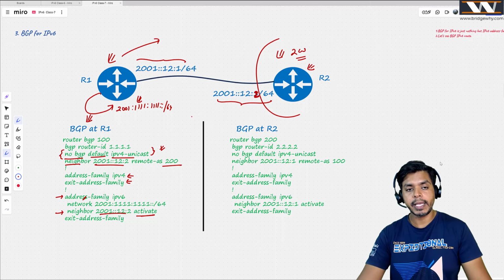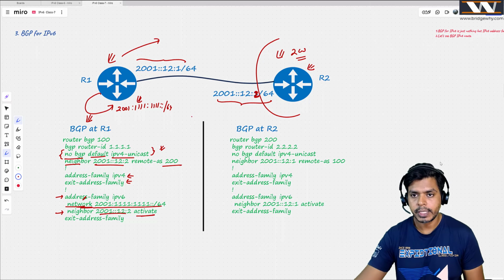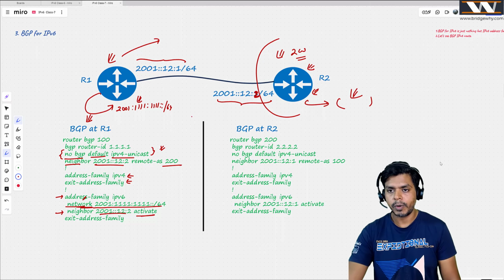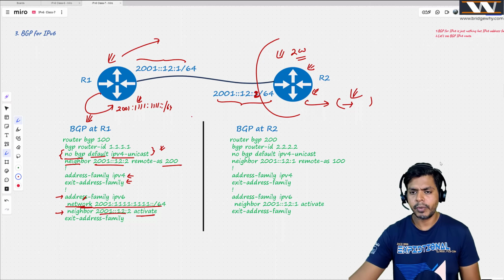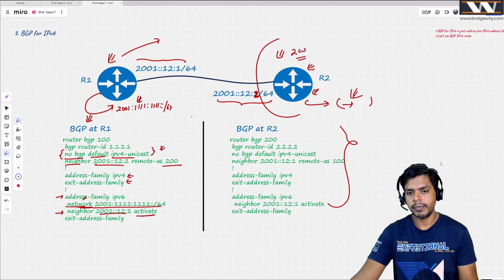I want to advertise this in BGP. That is why I am using this network command and specifying this network. When I do this, R2 will be having the same thing here. That means the route will be popping up here. Similarly, you can understand the configuration at R2.